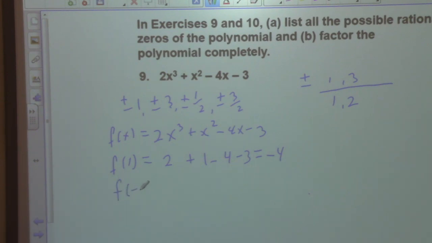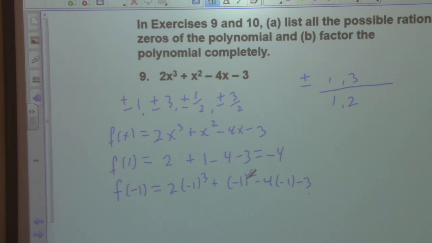We kind of just go down a list. So we plug in negative 1: 2 times negative 1 cubed plus negative 1 squared minus 4 times negative 1 minus 3. What is that going to be? 0.